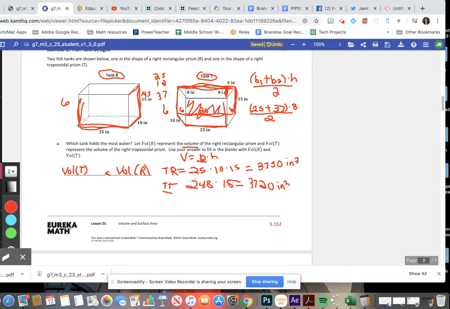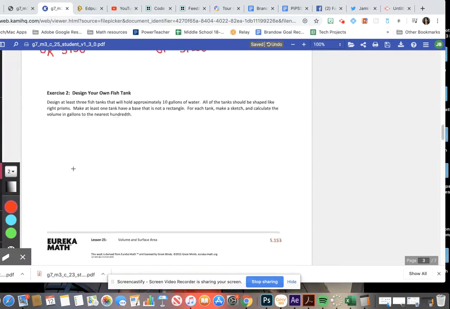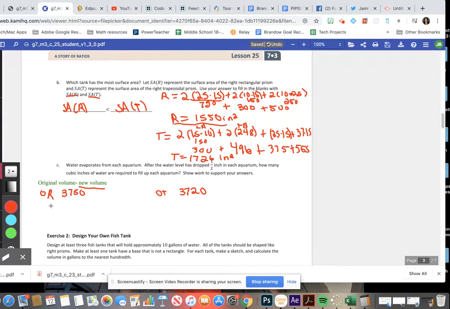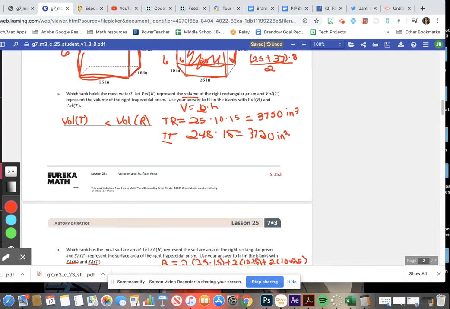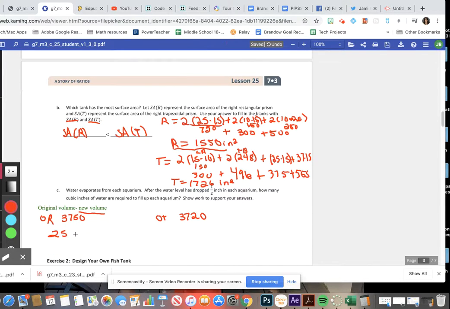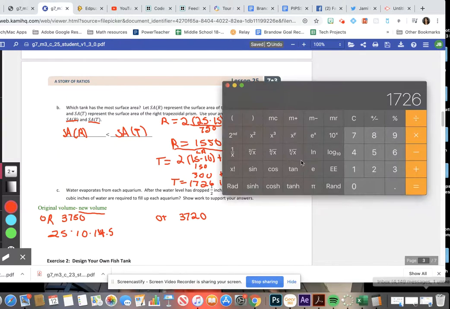Which would be 14.5. So in order to find the volume, I do 25 length times 10 width. That's going to give me the area of the base, and then times the height, which is 14.5. So 25 times 10 times 14.5 would give me the volume of the new, because it's not full, it's not to the 15 anymore.